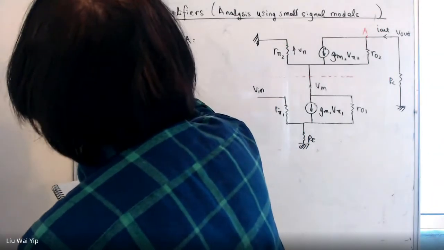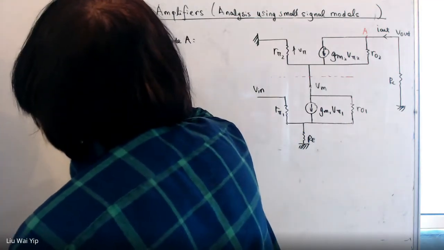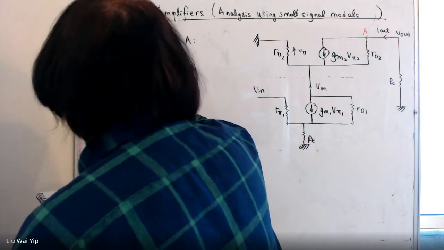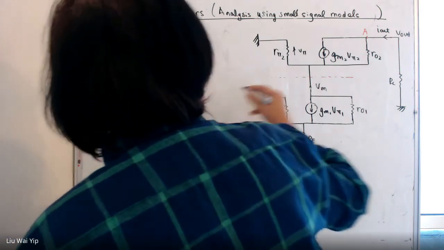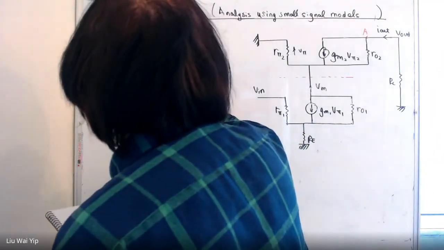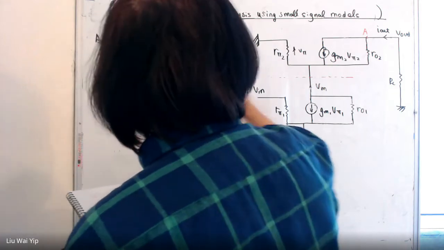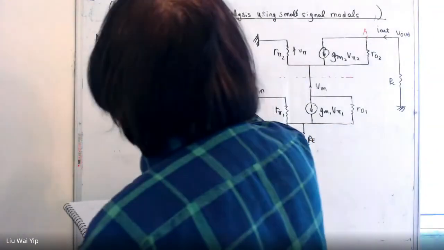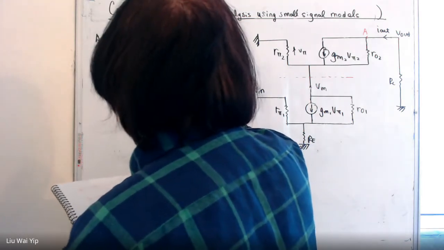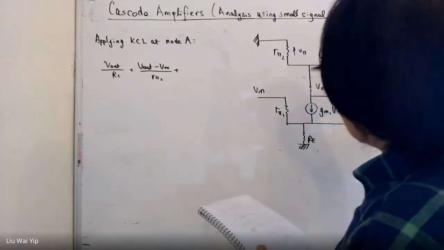This current is going out: Vout divided by RC. And plus this current, minus Vm divided by RO2, and then plus this current.